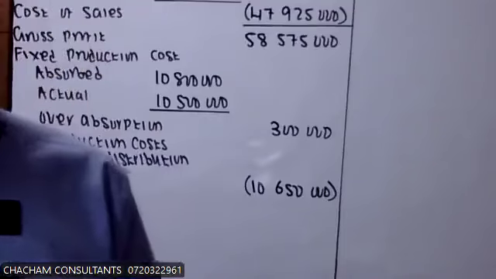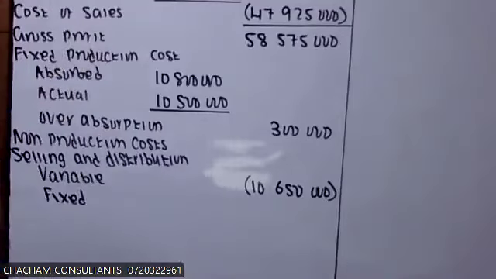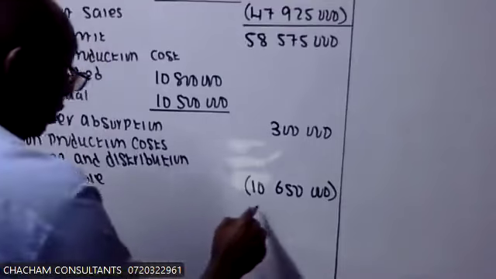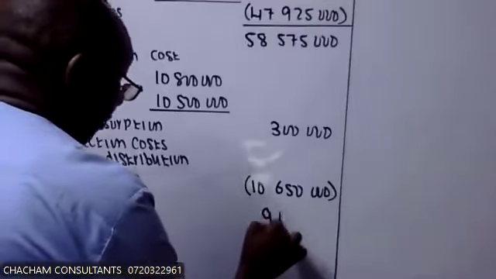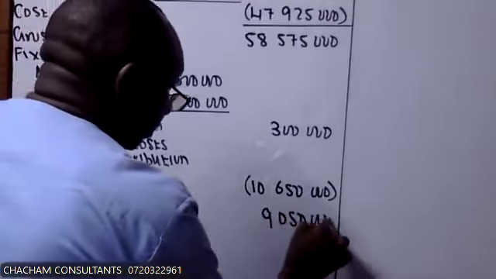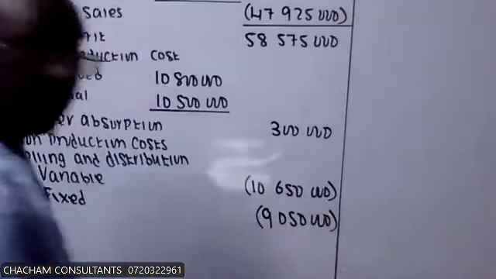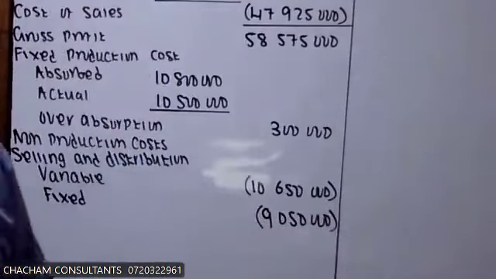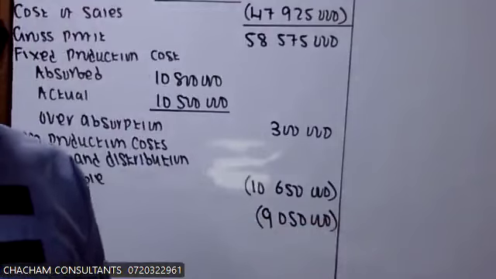The actual is 9,050,000, because you are told the budget was less, so the actual was more.